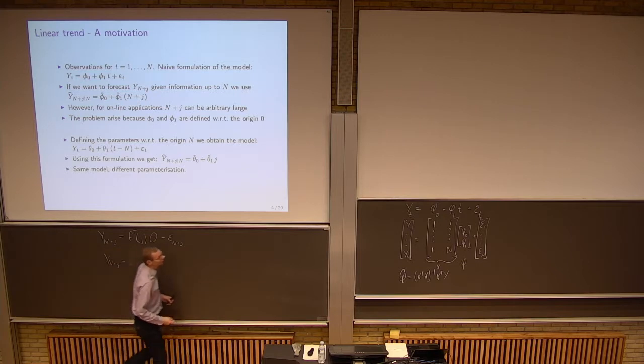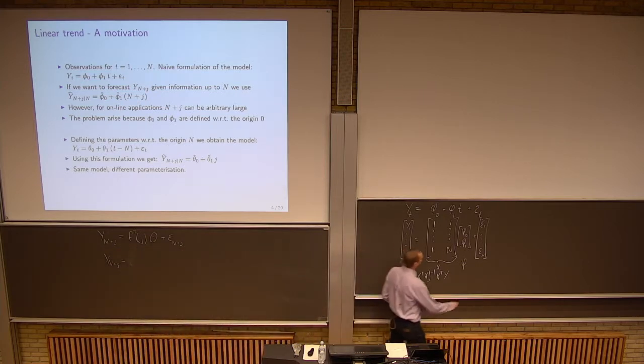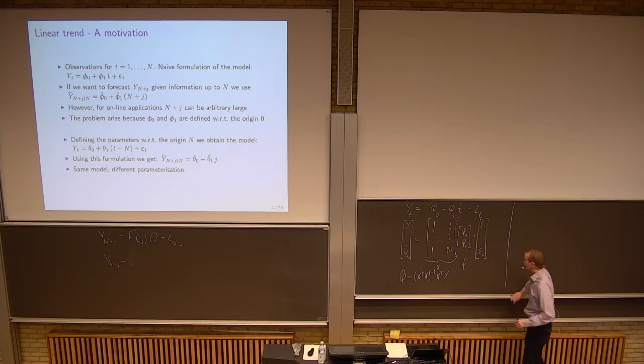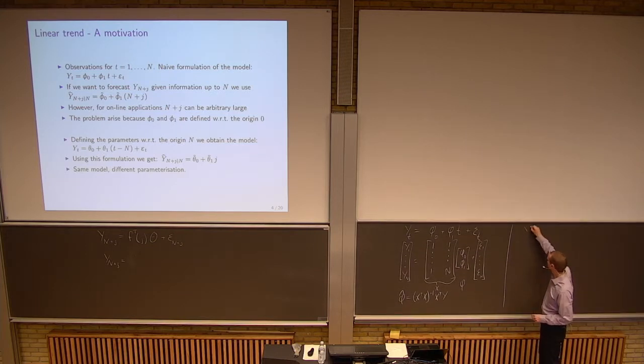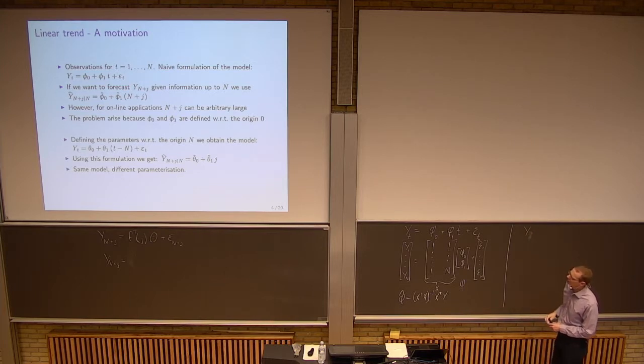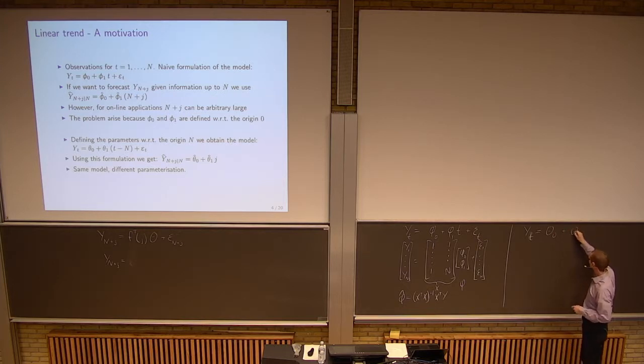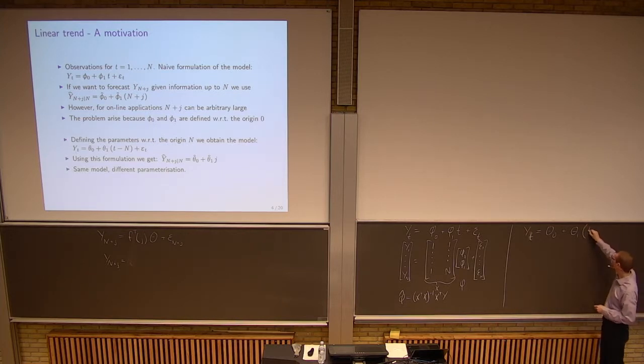I would rather write it over here to have the contrast. Then we have yt. It is written as t there, and then equals, and then I'll use theta rather than phi as parameters, but the structure is still a linear regression model where I have time minus n.